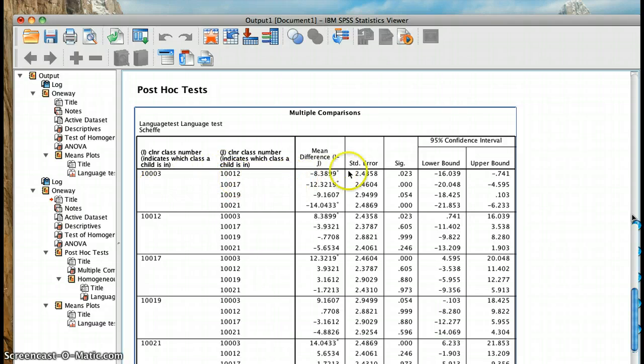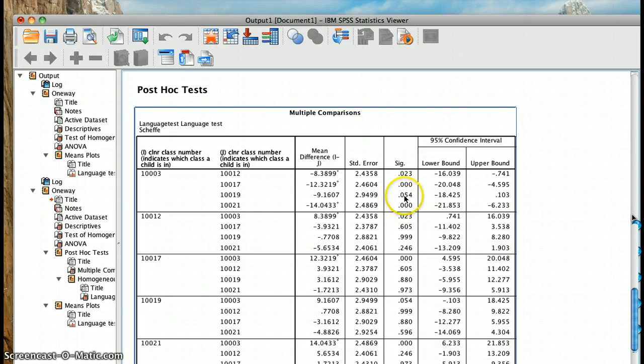Right? We see that this class is 8 points lower than class 12, which is statistically significant. Then the 10,003 is 12 points lower than 17, which is statistically significant. And then here it's 9 points lower than 19, which is not statistically significant, right?